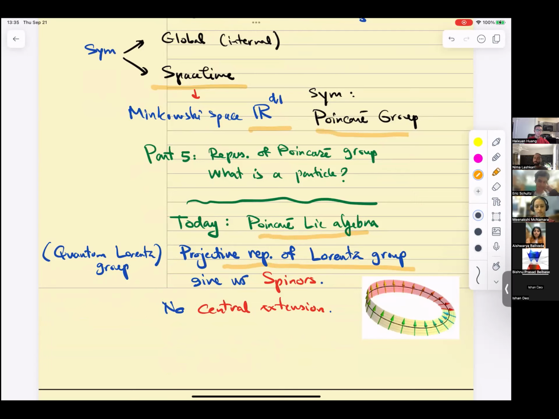Weinberg likes to say quantum Lorentz group, but that just means projective representations. We'll see that projective representations of the Lorentz group will give us spinors, even though we have no central extension. I think there was a wrong line I'd written in one of the lecture notes. I removed that, so I'll explain that completely.